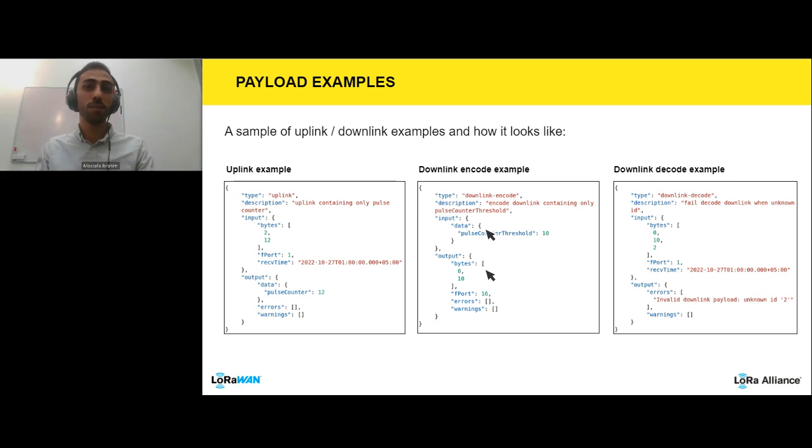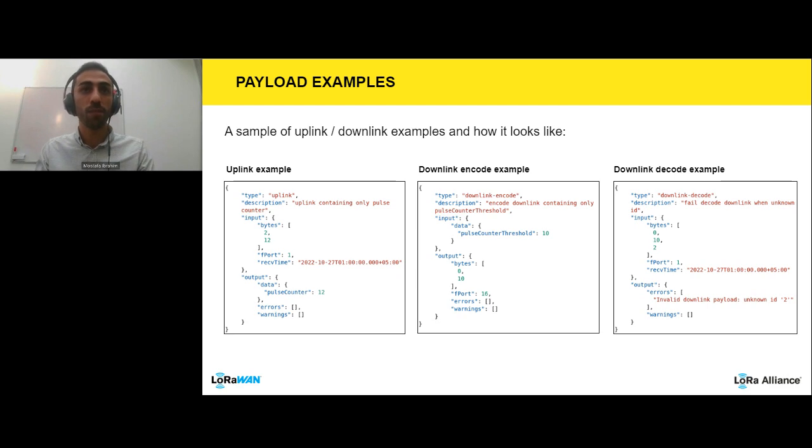And these examples are not only used for successful decoding, but also to give an idea of the expected output if the application server or the decoder receives a wrong payload, for example, or a crashed payload.